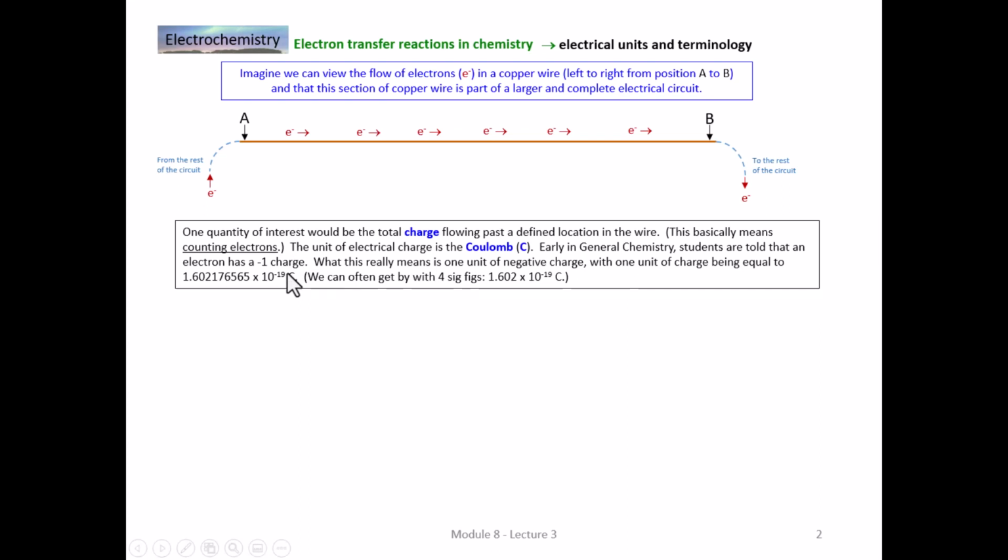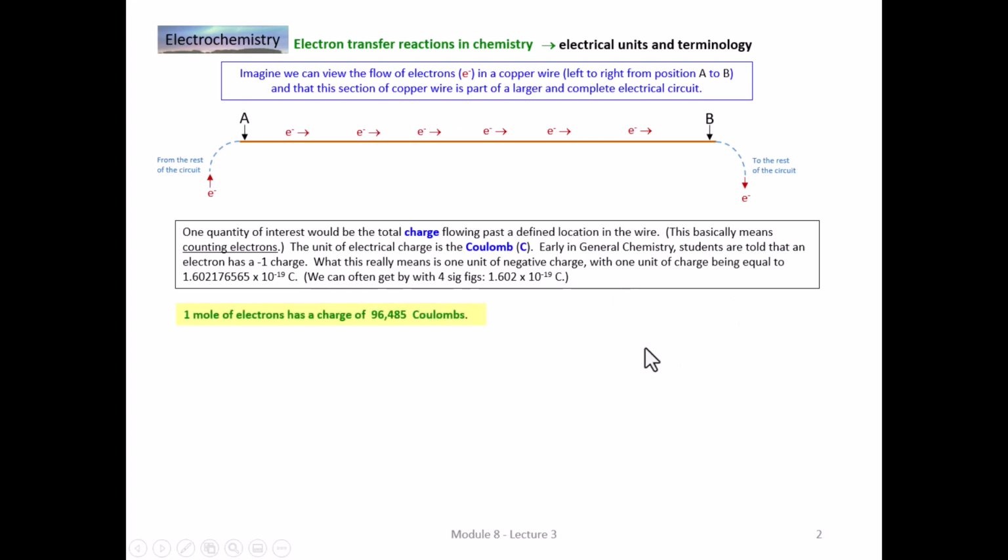What this really means is 1 unit of negative charge, with 1 unit of charge being equal to 1.602176565 times 10 to the minus 19 coulombs. This number is known to high precision. We often see it written with fewer significant figures, maybe something like 1.602 times 10 to the minus 19 coulombs.